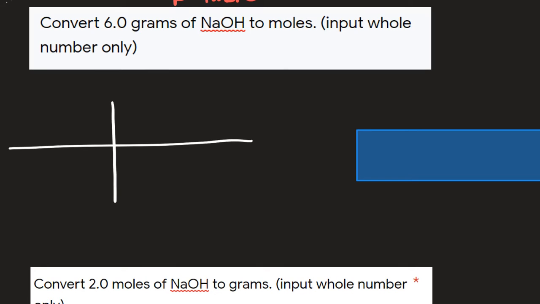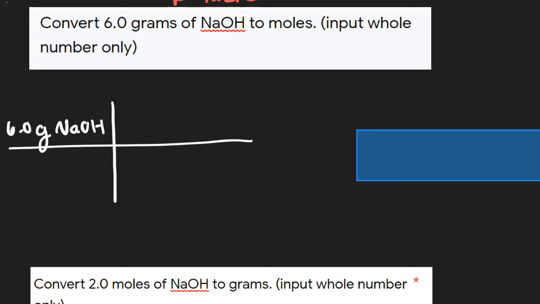This is going to be the next question. Convert 6 grams of NaOH to moles. To do that, we're going to use what I call a T-chart. With this T-chart, you're going to put what you're given on the top left-hand corner, 6 grams of NaOH. The purpose of this T-chart is to convert grams to moles.